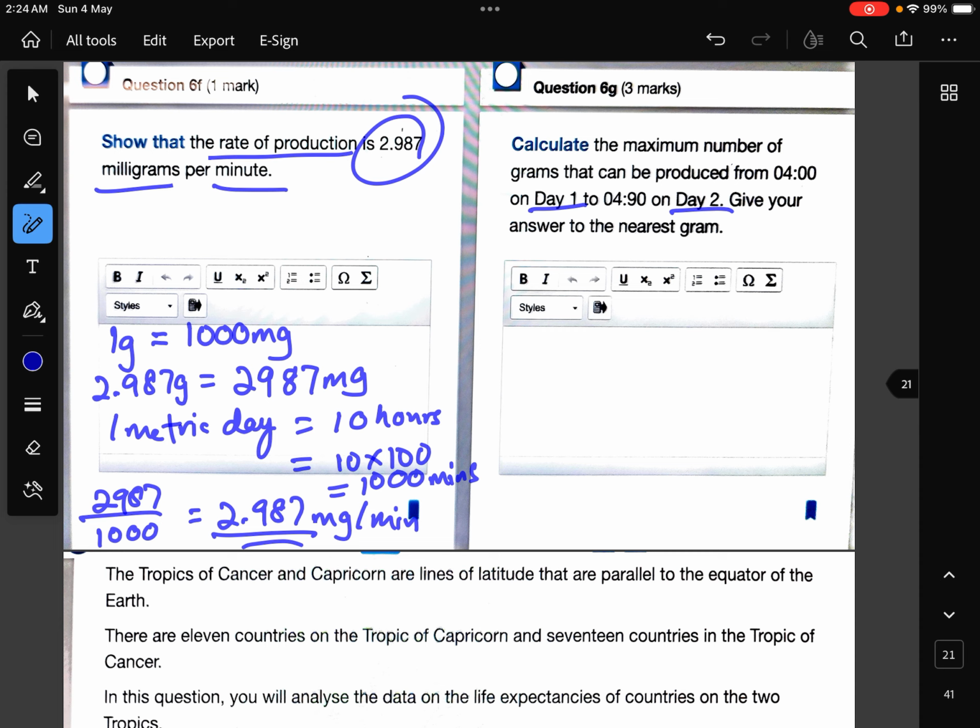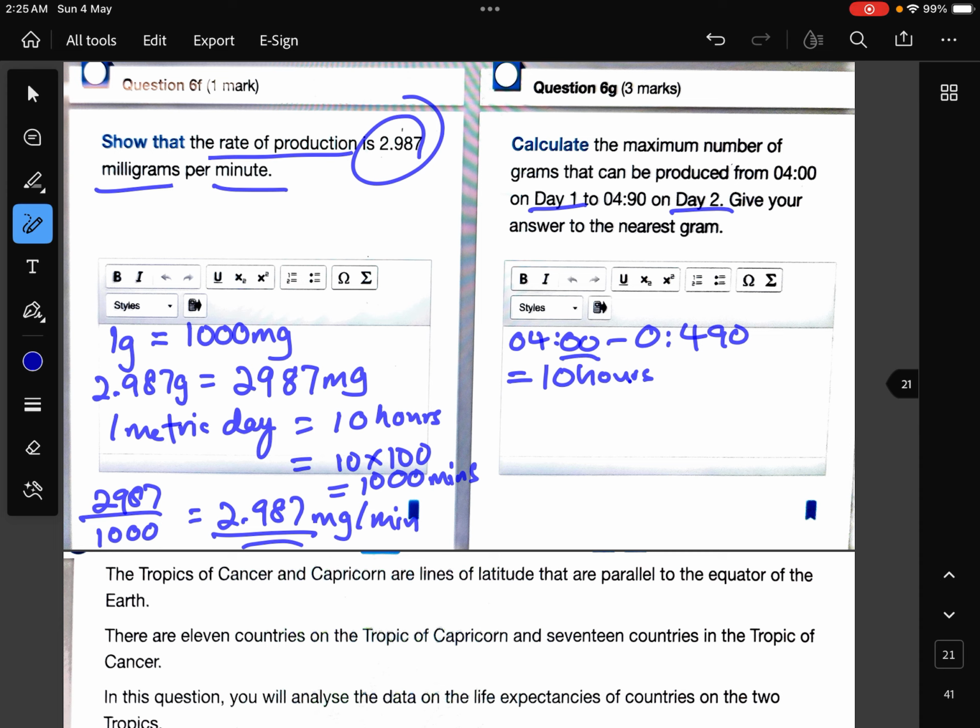So what we could do is, we do know that if it starts at 4 on day 1 to 4 in the next day, and we know that 1 metric day basically will give me 10 hours. So from 4 to this, that's obviously going to give me 10 hours for sure, because 1 metric day is basically 10 hours, right?